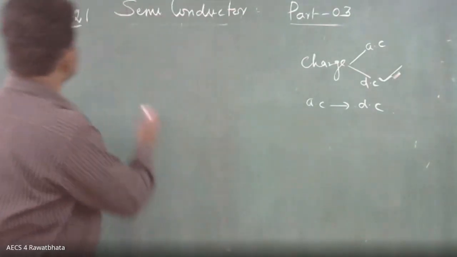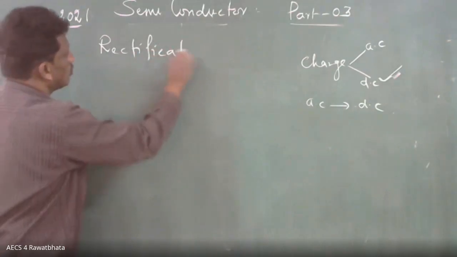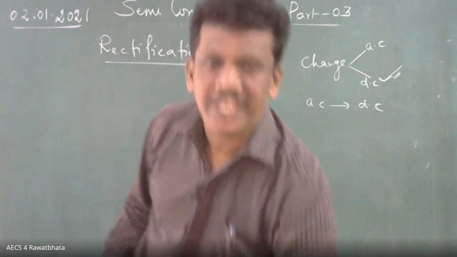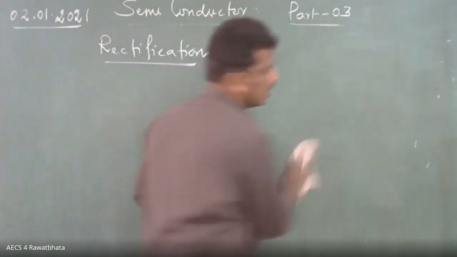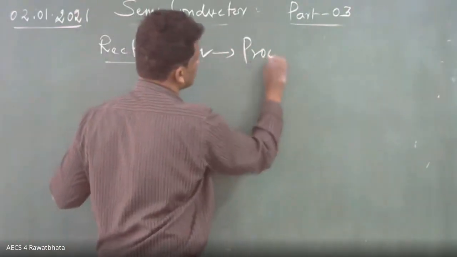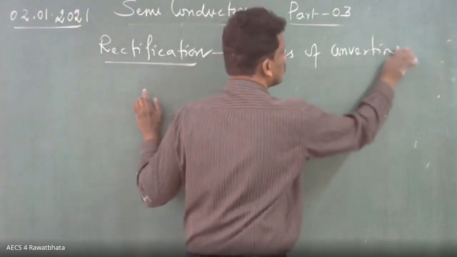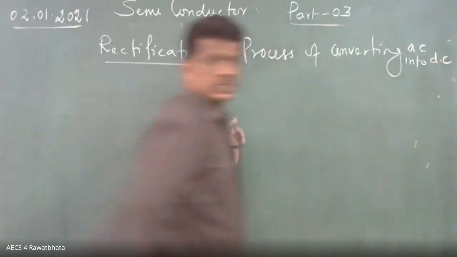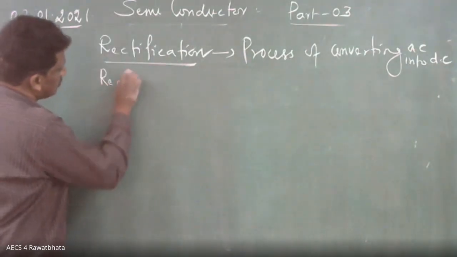So the process is called rectification. So what is rectification? The process of converting AC into DC. Visible? Yes. Okay.